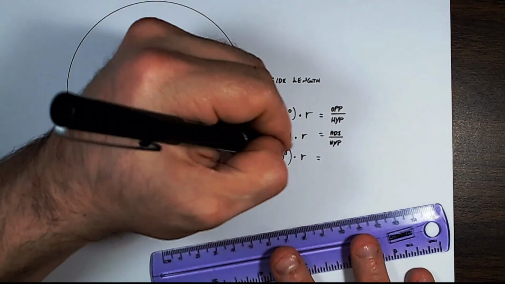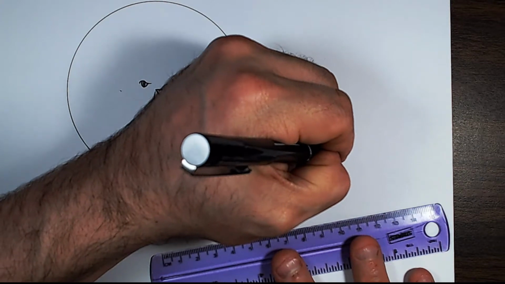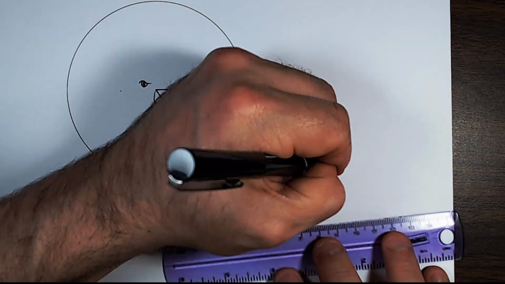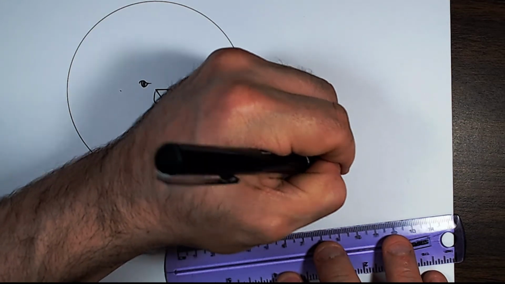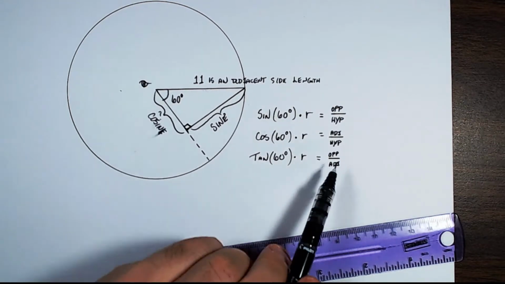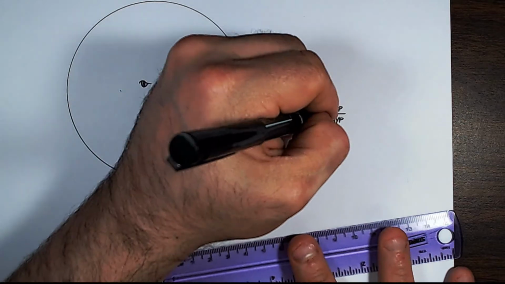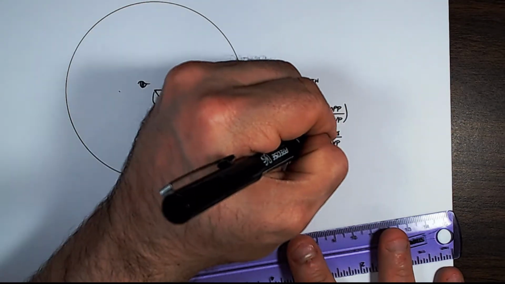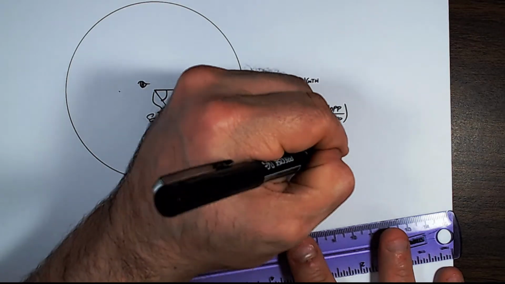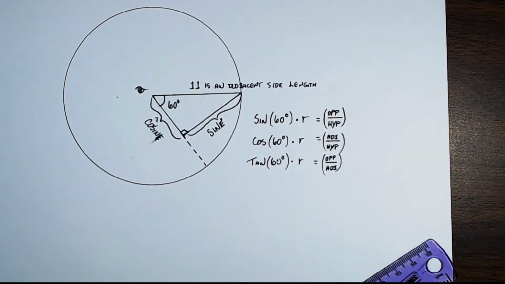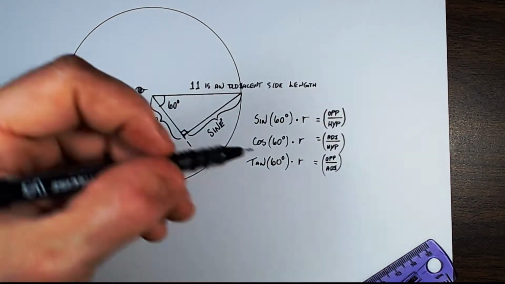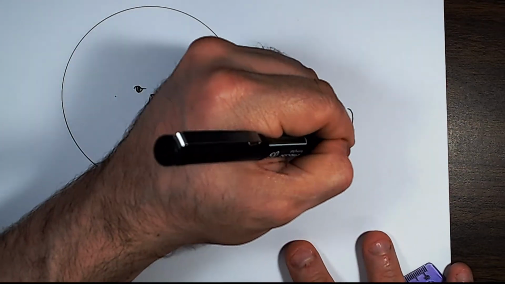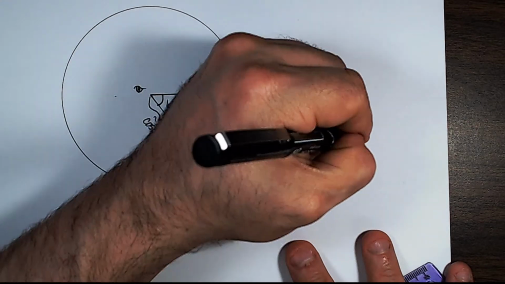And tangent is going to equal opposite over adjacent. Those are going to be the quotient of those lengths, rather. So it's going to give us that quotient as a number. All these values, by the way, are going to be unit circle values.